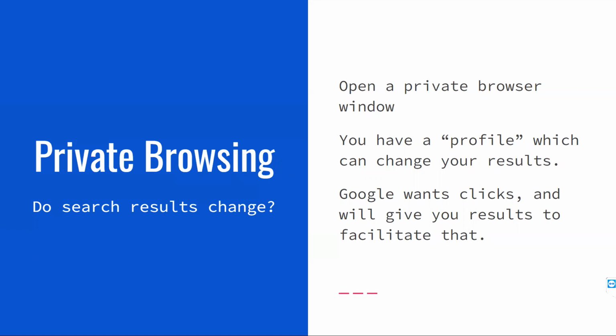So basically what you do is you would open up a browser, you would open up a private browsing window. What the private browsing window does is it basically takes all the information that Google or any other search provider or the airline has stored about you and pretends like it doesn't exist. So you start with a fresh slate.